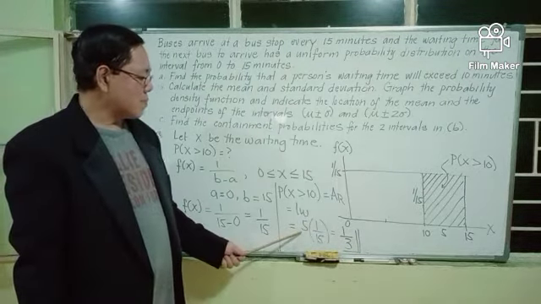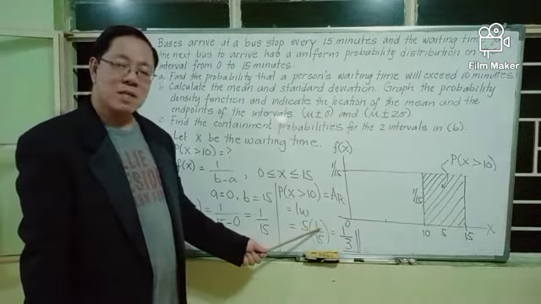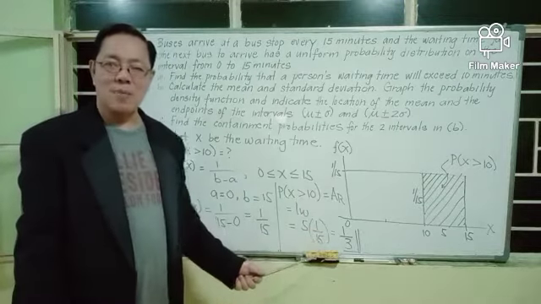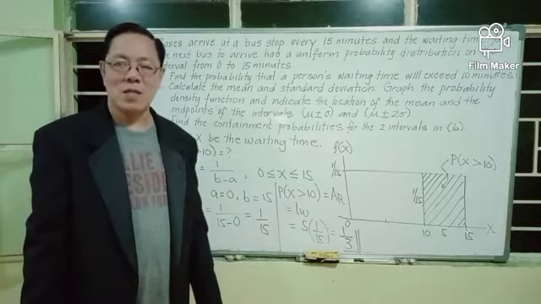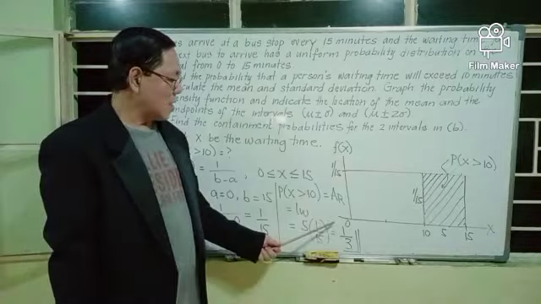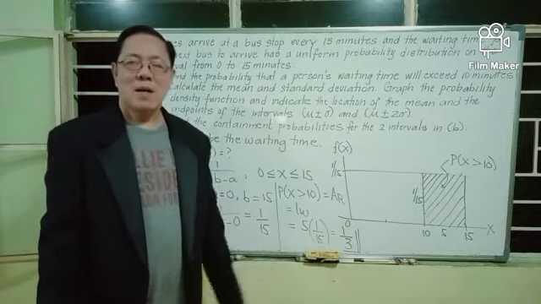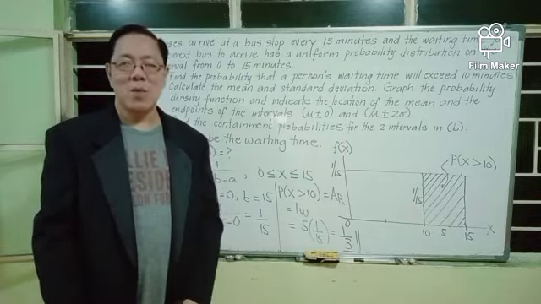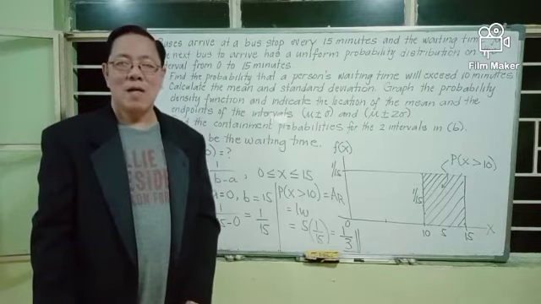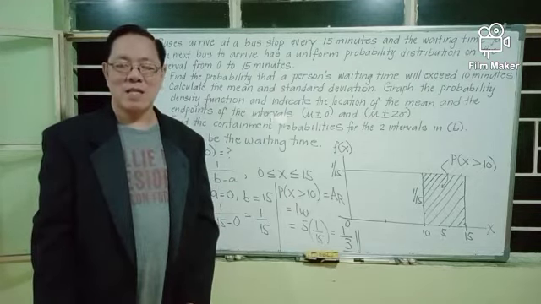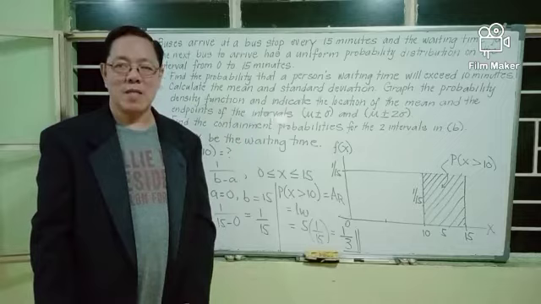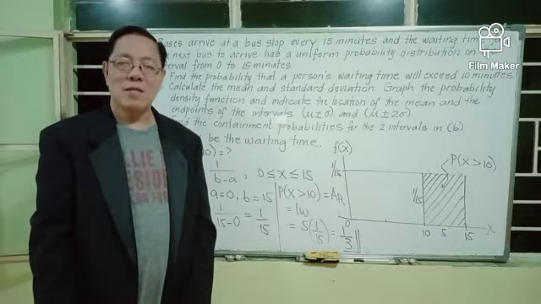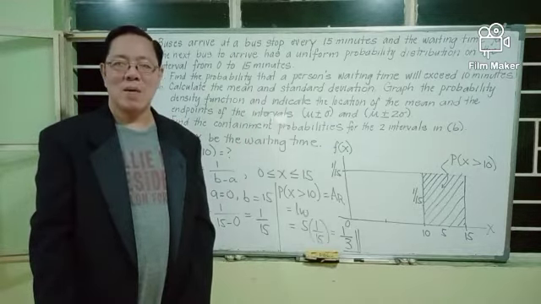And 5 multiplied by 1 is 5, divided by 15, that's 5 over 15, and we reduce it to lowest terms, we get 1 over 3. Hence, the probability that the waiting time of a person will exceed 10 minutes is 1 over 3, or 1/3, or that's 33.33%.